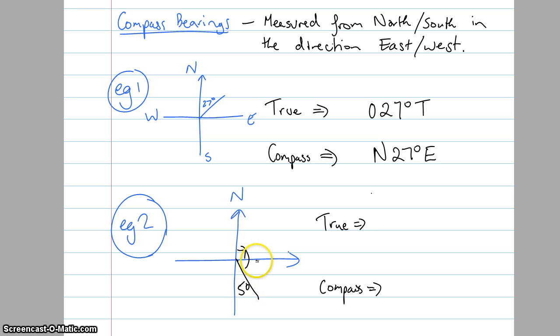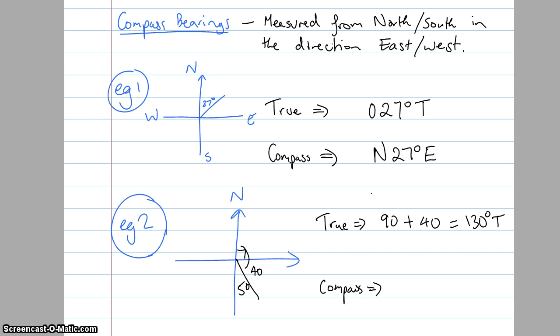And I know that each quadrant, or each corner, is 90 degrees. So if this part plus this part is 90 degrees, and that's 50, this one must be 40. So my true bearing is going to be 90 plus 40, which is 130 degrees true.